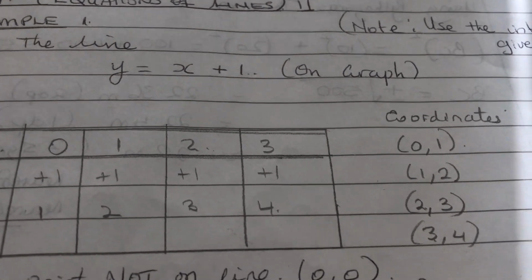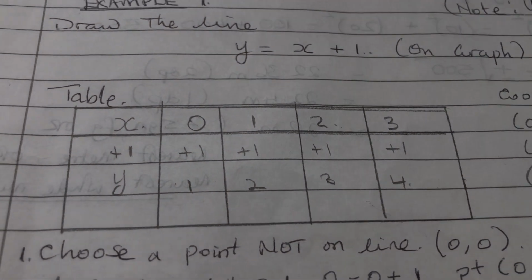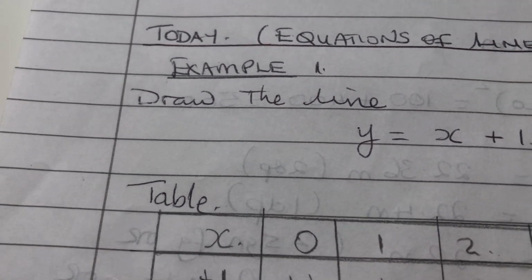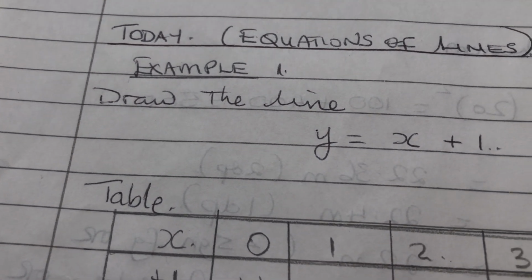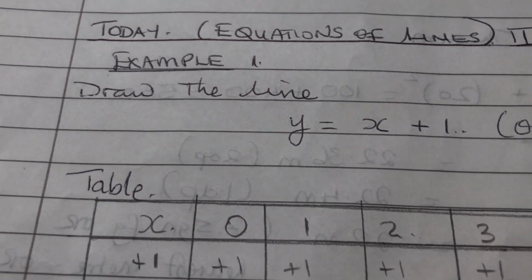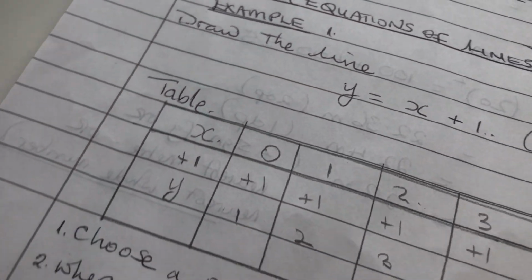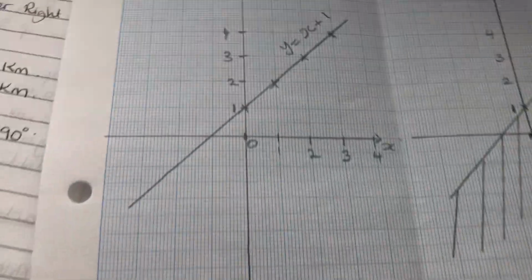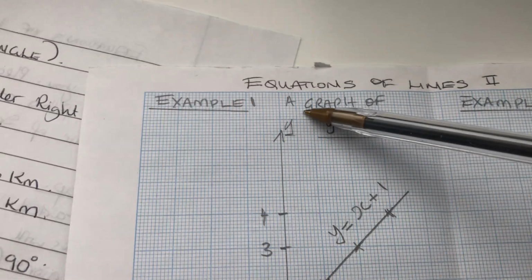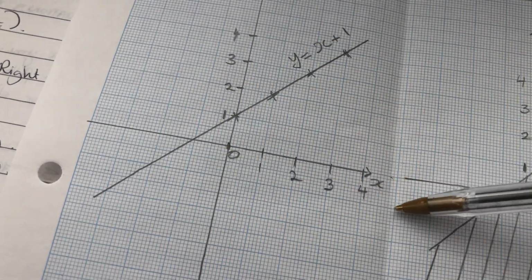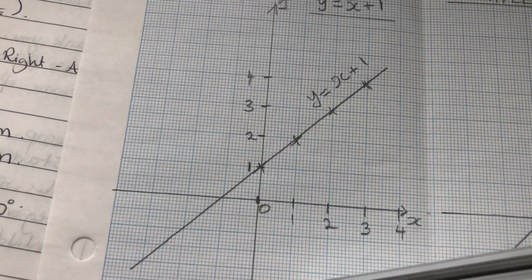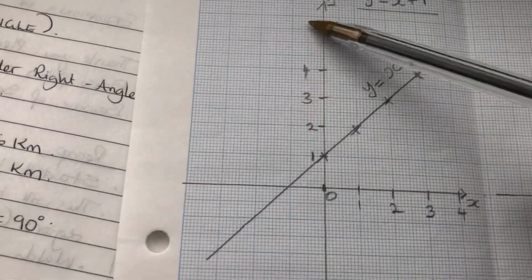So now, on the graph, we said we should draw the line y equals x plus 1. Now that I have my coordinates, I'm going to plot. So that is my y-axis, that is my x-axis, that is my origin. That is my line.